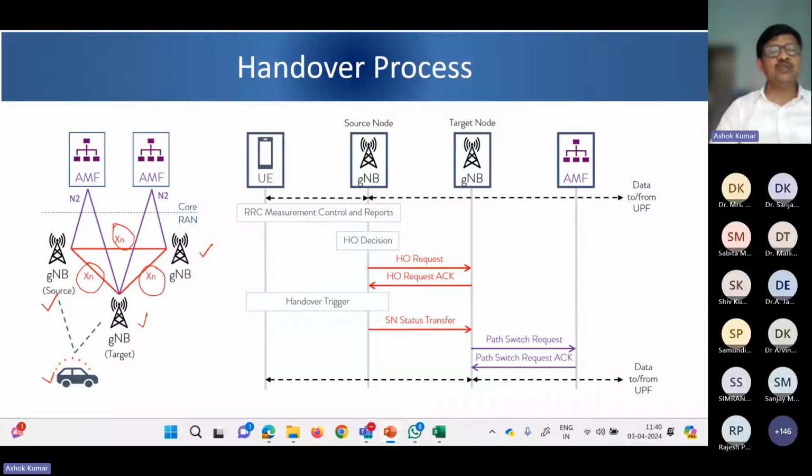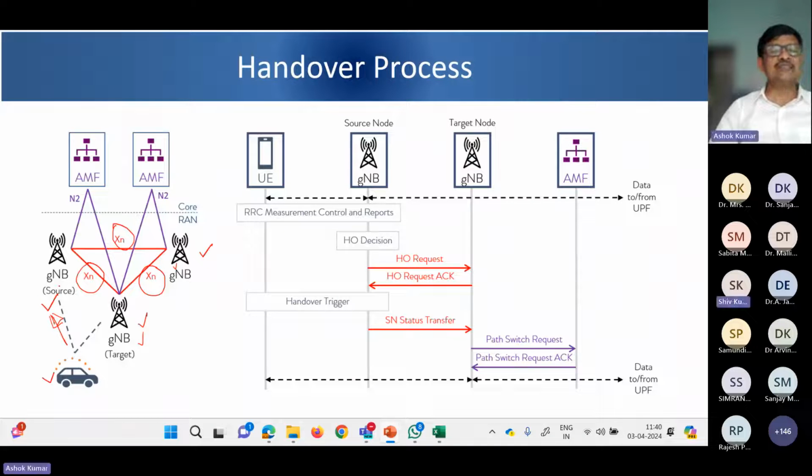So this particular user equipment, when connected to the source gNodeB, keeps measuring the signal coming from other nearby gNodeBs. That is called RRC measurement control and report. It is measuring the received signal from other cells and reporting to the source gNodeB. Now the source gNodeB knows how much signal strength the UE is receiving from the other gNodeB.